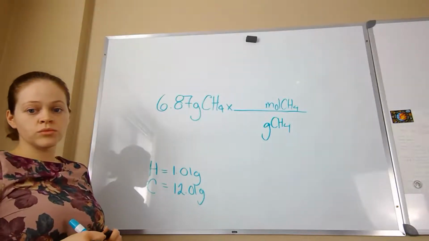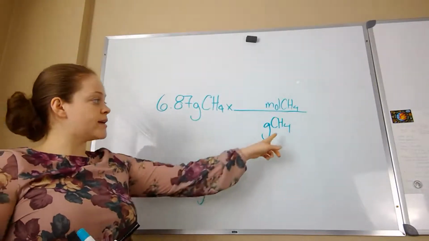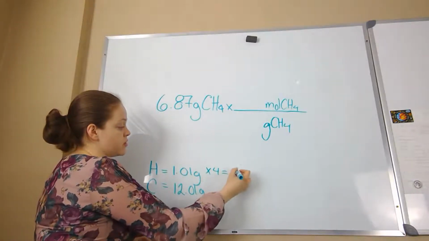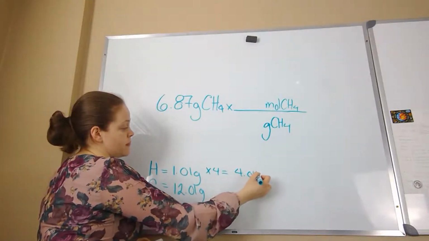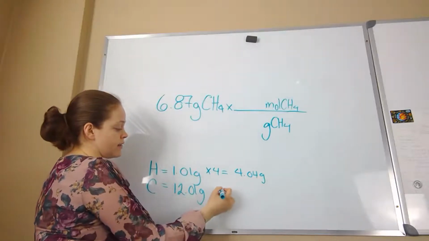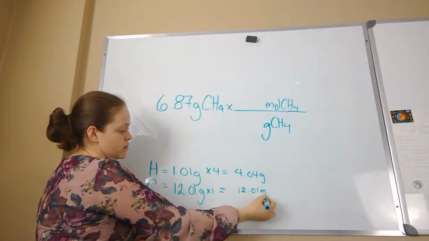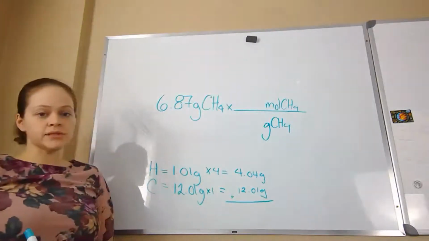And so we need to get the molar mass, and we just add them up. We have 4 hydrogens, so we times that by 4, which is 4.04 grams. And there's just one carbon, so now we add that up to get your molar mass.